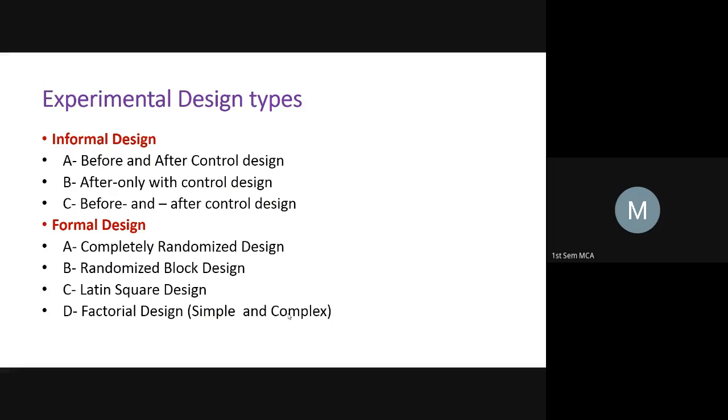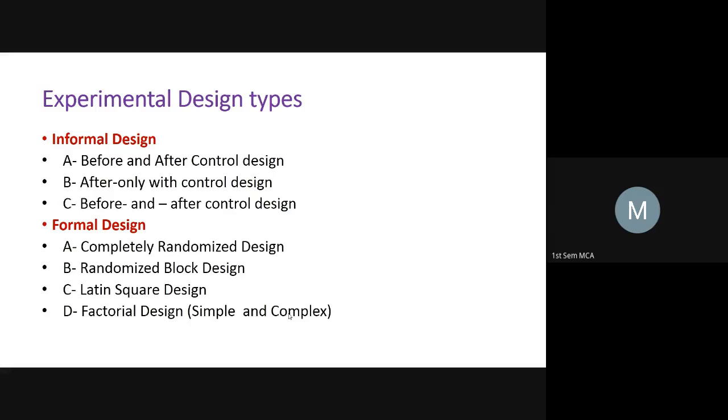Similarly, in the formal design, we have completely randomized design, randomized block design, Latin square design, and factorial design. Each of these designs has different pluses and minuses, or positives and negatives. All designs cannot be used for all kinds of research.